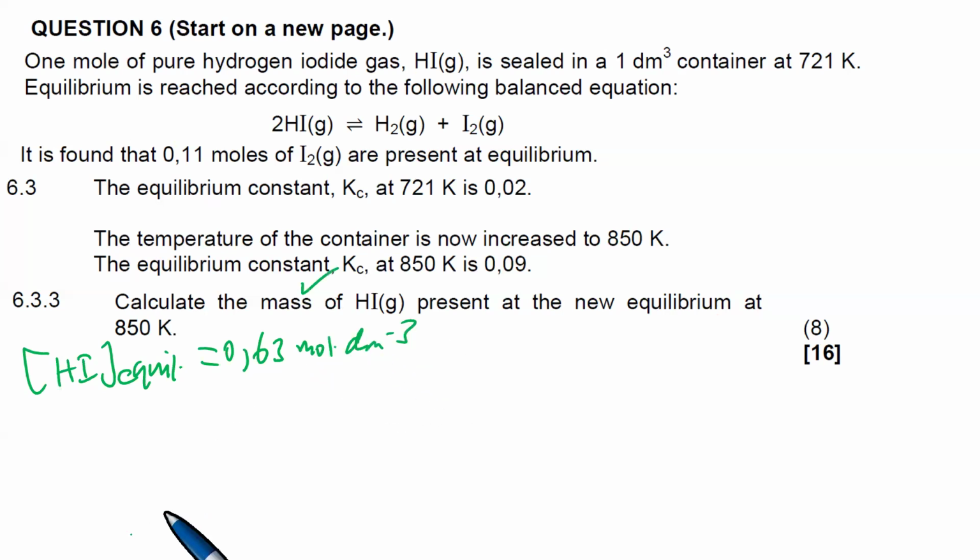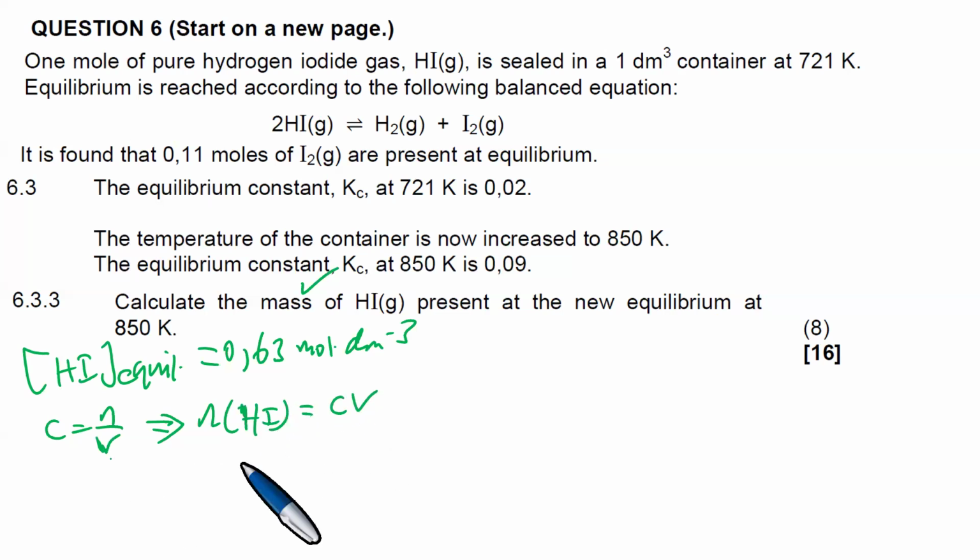We want the mass, but we know that concentration is number of moles over volume. That's the formula. We want the number of moles to find the mass. So we cross multiply here so that the number of moles of hydrogen iodide would be the same as CV, N equals CV.